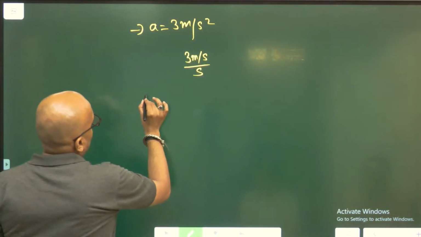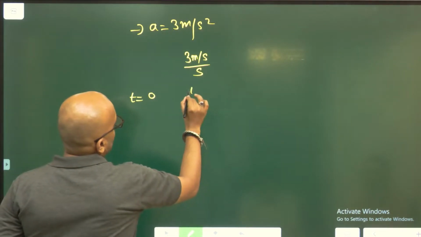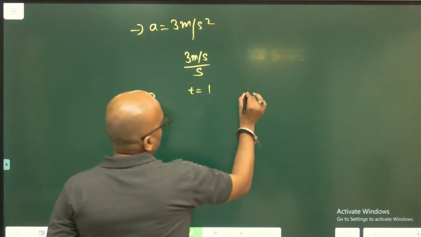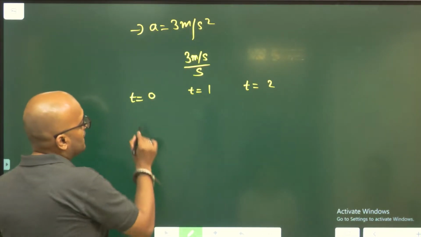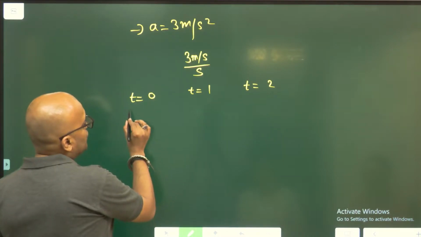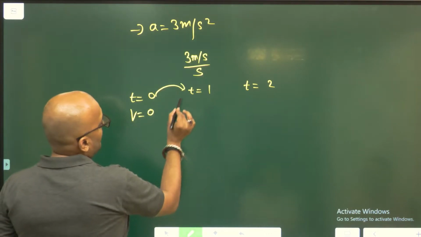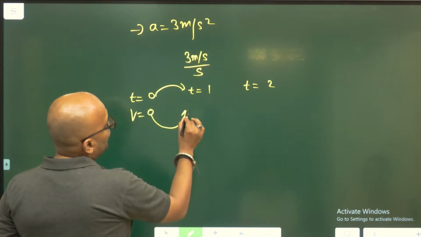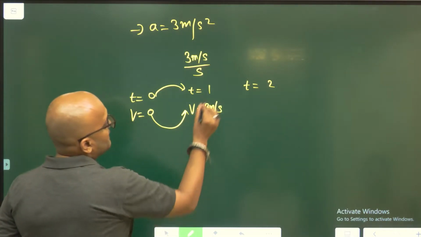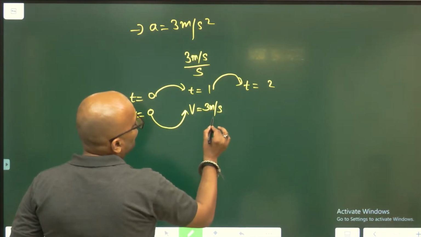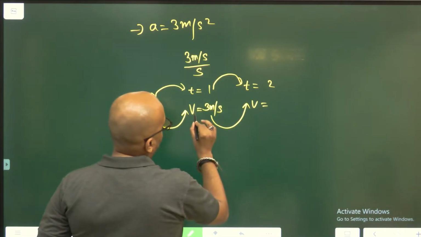Let's say t is equal to 0, t is equal to 1, t is equal to 2. At t equals 0, if velocity is 0, then at t equals 1, velocity will become 3 meters per second. At t equals 2, velocity will become 6 meters per second.